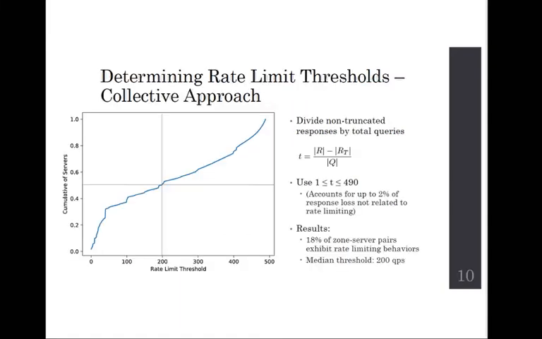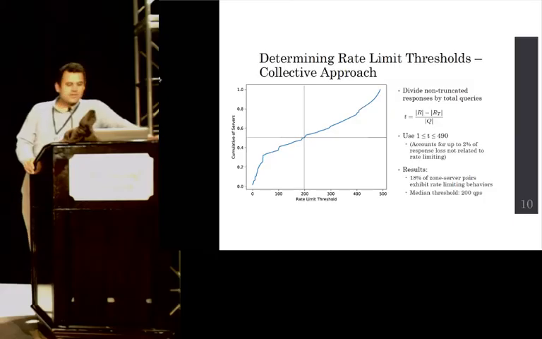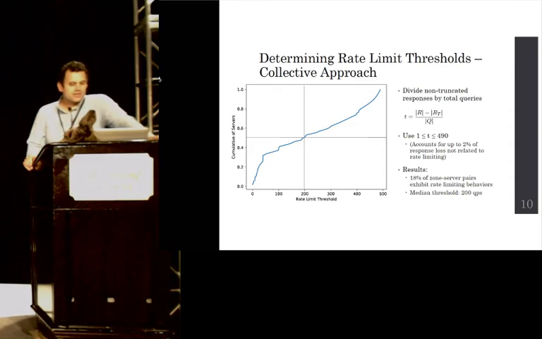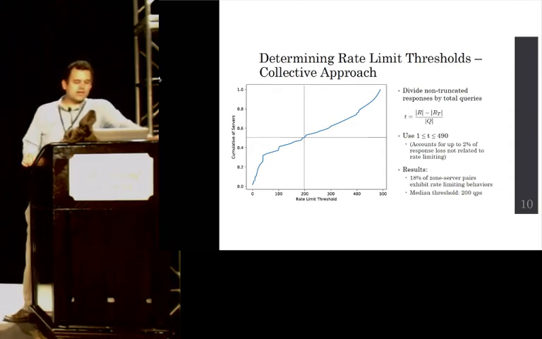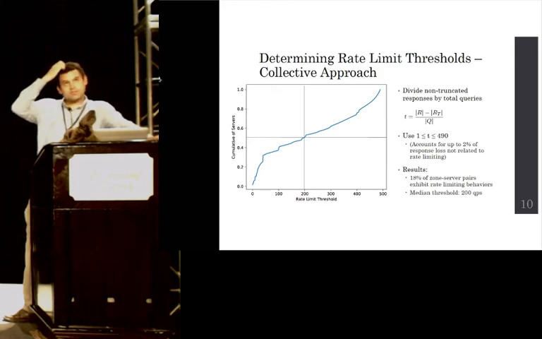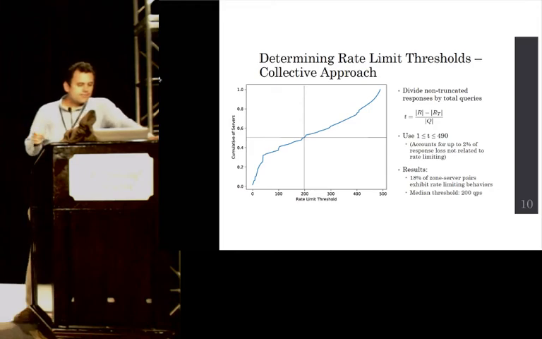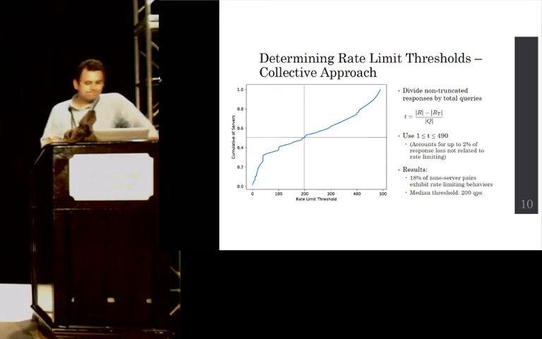Okay, so in terms of what we saw once we did this, we had a few methods for getting the threshold, the point at which the servers we were querying stopped responding, at least using complete responses. You can see a few common cases here by the little jumps in the graph.